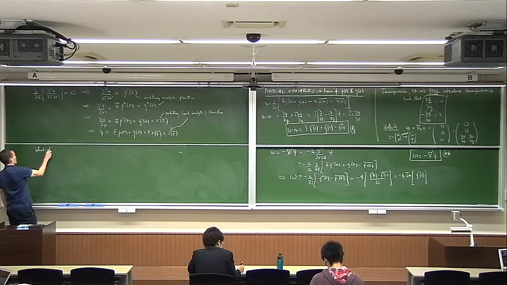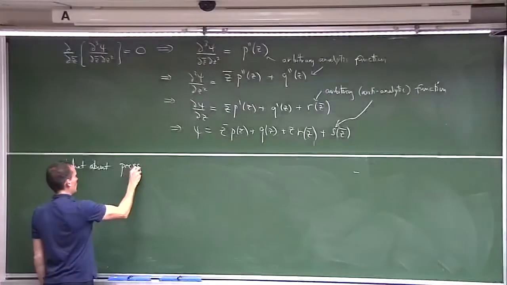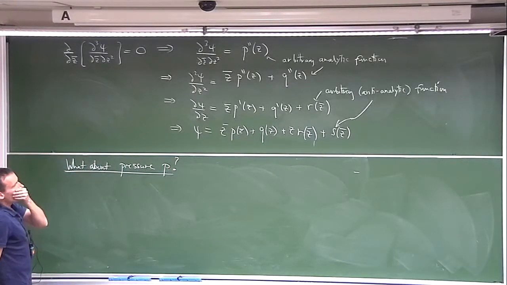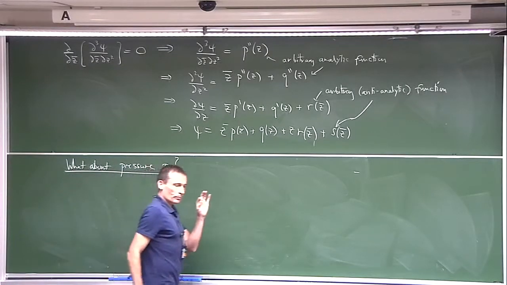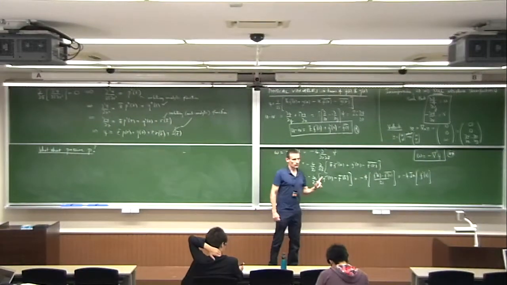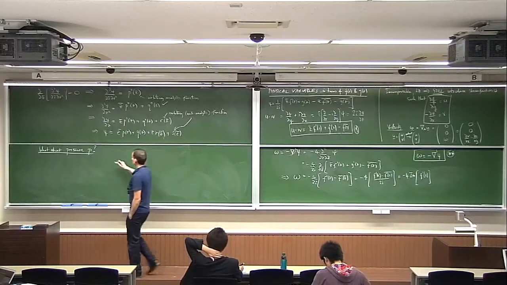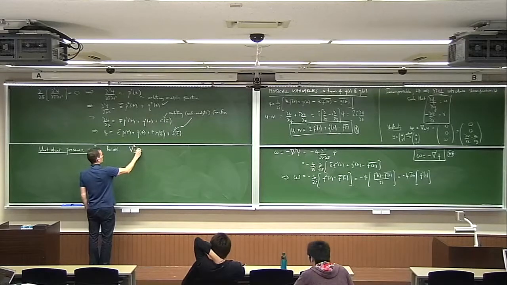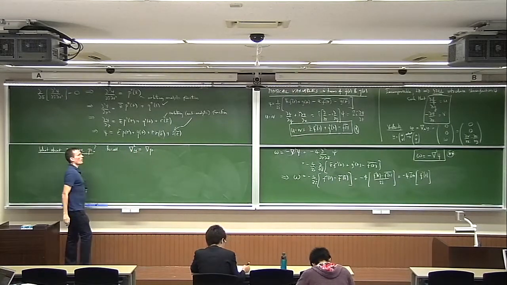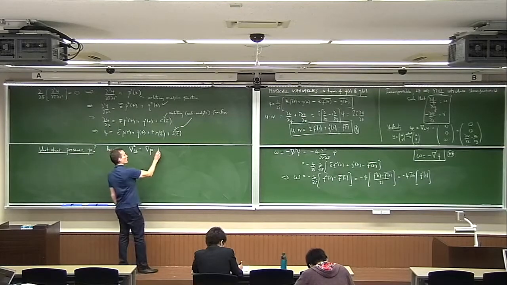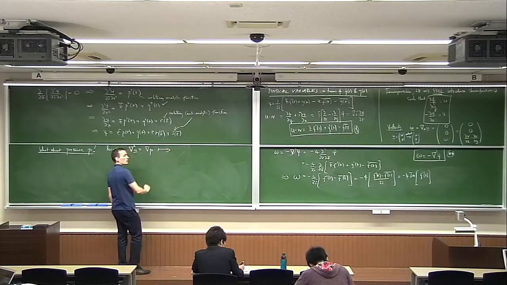What about the pressure? It'd be nice to get the pressure in terms of f and g. We've got the velocity, we've got the vorticity. Let's look at the pressure. Well, if you recall, the pressure appeared in the original equation. Let's write this in complex notation, remember my arrow notation from last time.